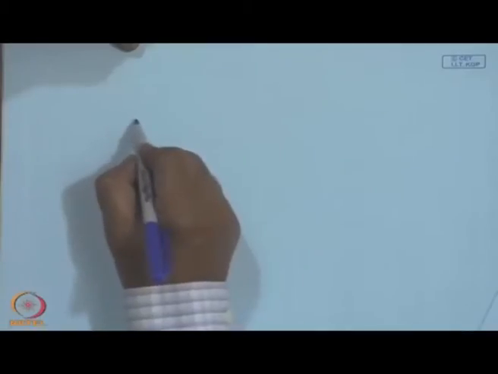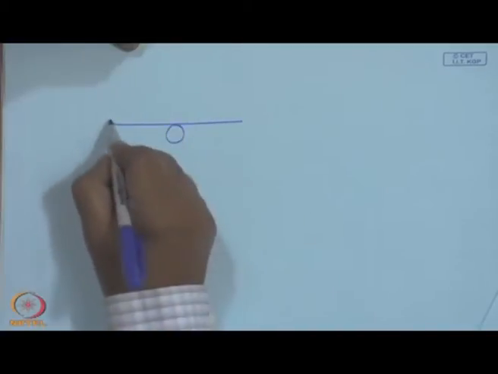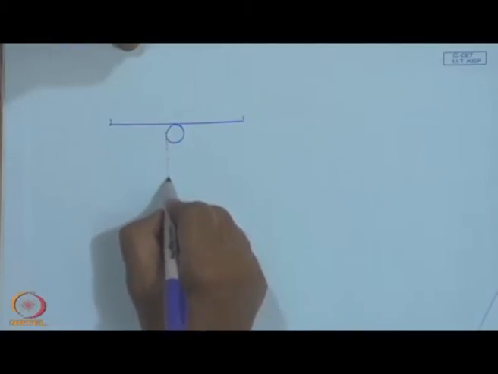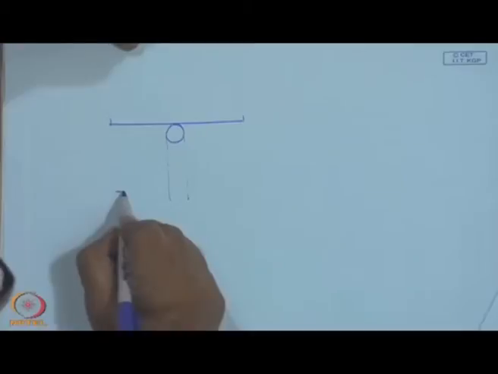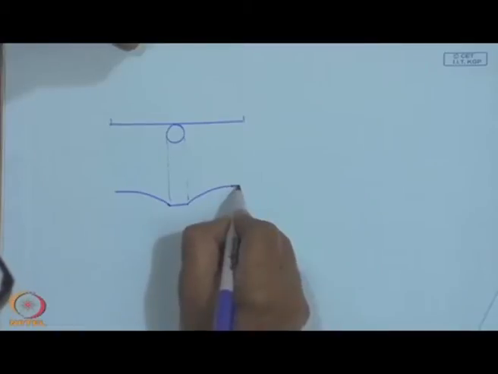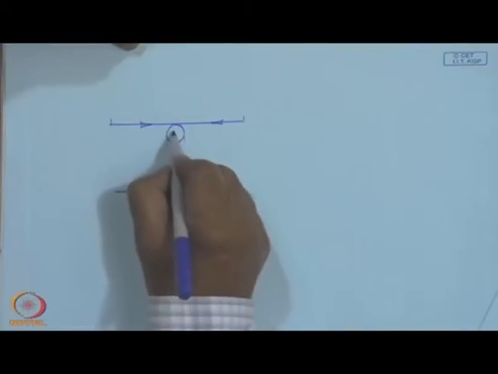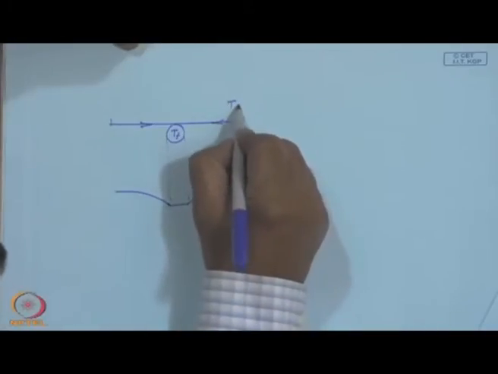And if we plot the temperature in the x direction, heat is flowing towards the tube, which is at Tf, which is lower than Tp.